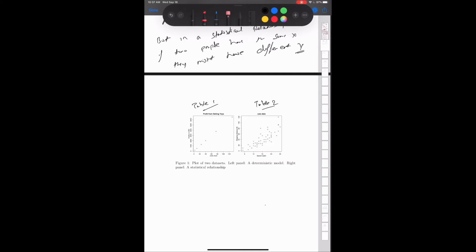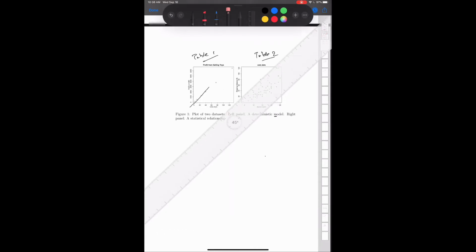So this is the number of units sold, and you can see if you look at them that there is exactly a straight line going through these points, right? That's because we know the deterministic relationship.